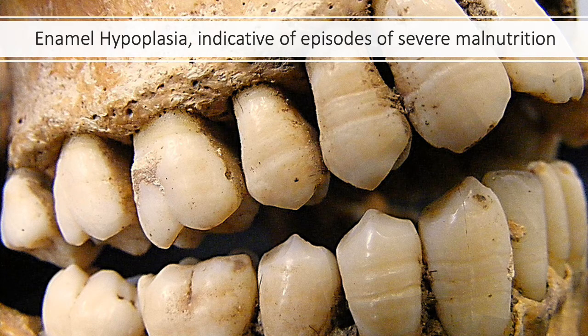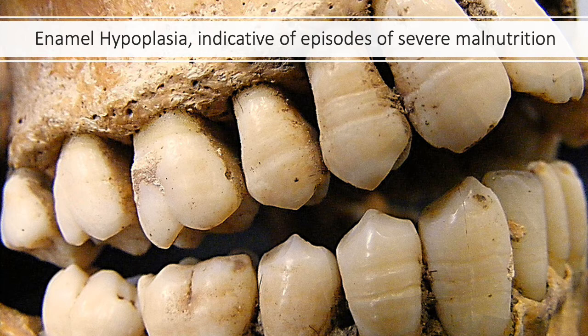Another example of characteristics in skeletal populations that are visible archaeologically is that of enamel hypoplasias. And you can see these lines here on these teeth, and they're indicative of episodes of severe malnutrition. And the interesting thing is, because they're in the teeth, they represent a permanent record of that individual's health as a child, because the enamel on your teeth is forming when you're young.